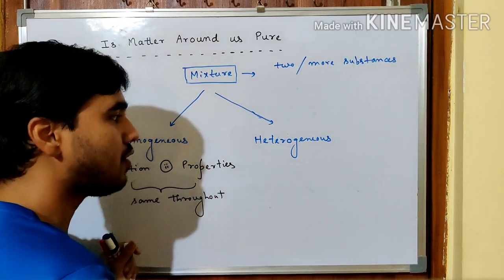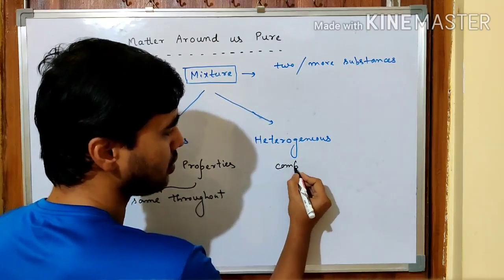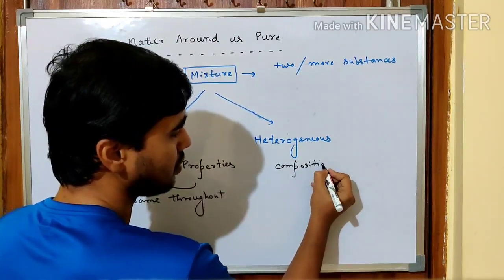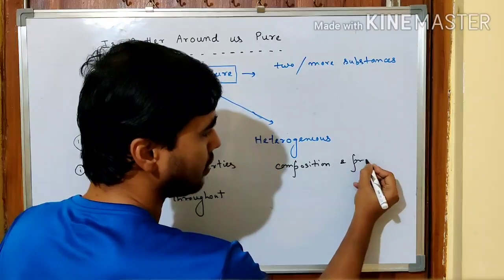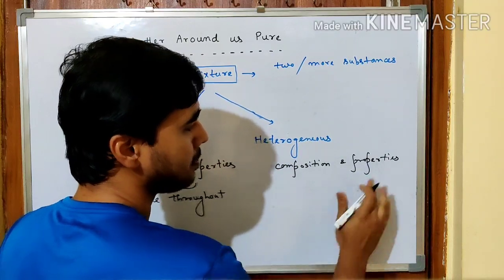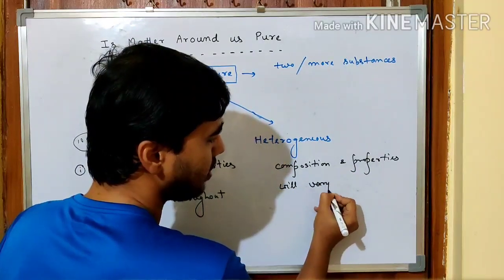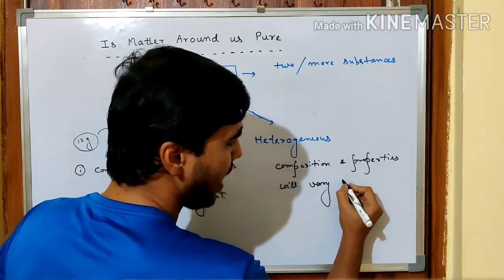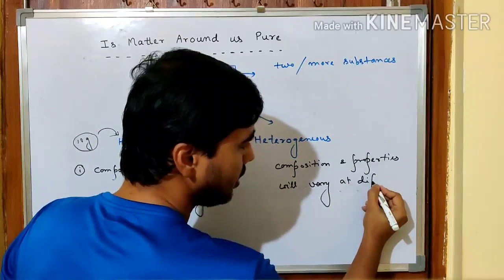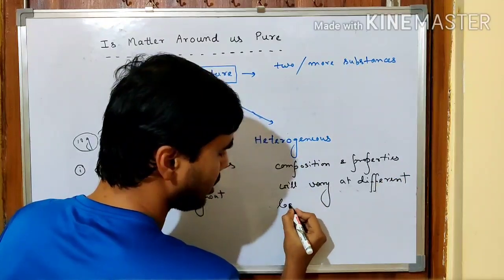Whereas in case of heterogeneous mixture, the composition and property will vary at different positions or different locations, you can say.